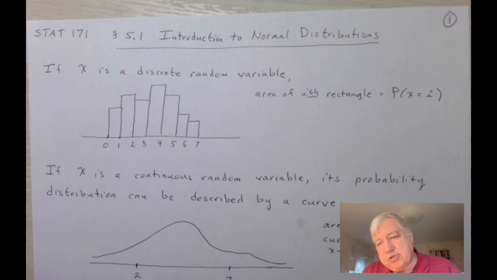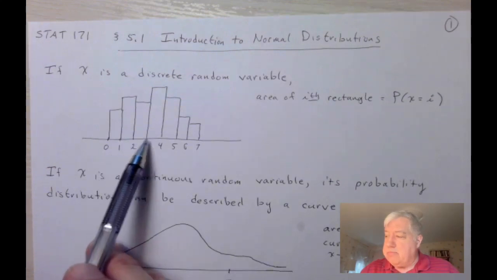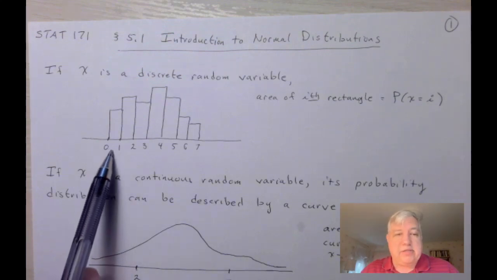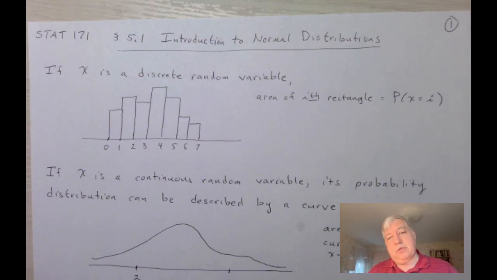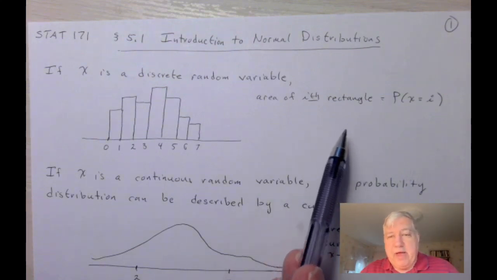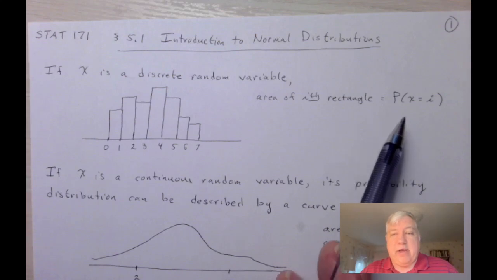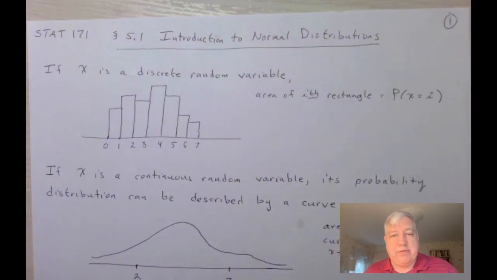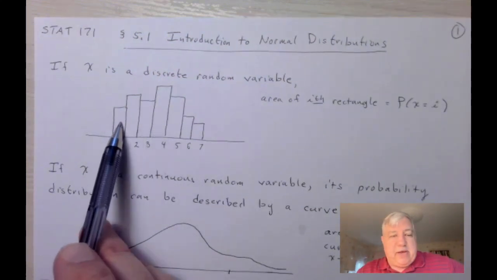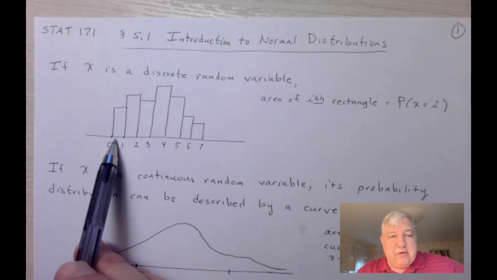And we could actually give a geometric description of a probability distribution for a discrete random variable using something that looks like a histogram, where we could just find the probabilities at x is 0, 1, 2, and so on, list them, and then draw a rectangle for each value of x so that the height of that rectangle was equal to the probability that x was equal to that number.